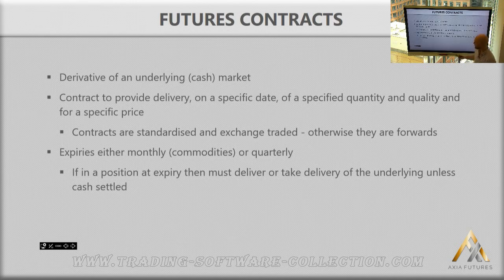But unlikely you're ever going to get delivered on some of these things, partly because a lot of the contracts are very obscure ones, things like London cotton and sugar, which are very thinly traded, and so don't really offer that many opportunities.